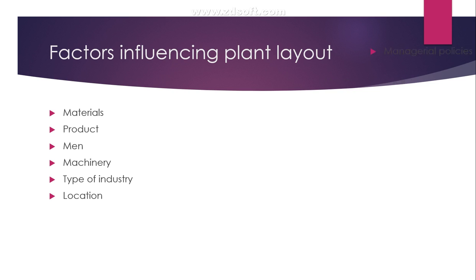Moving ahead, we have managerial policies. Management policies significantly influence plant layout, such as the volume of production and the provision for expansion of the manufacturing units, the extent of automation, making or buying particular components of production, the desire for rapid delivery of goods to customers, purchasing policies, personnel policies, and so on.